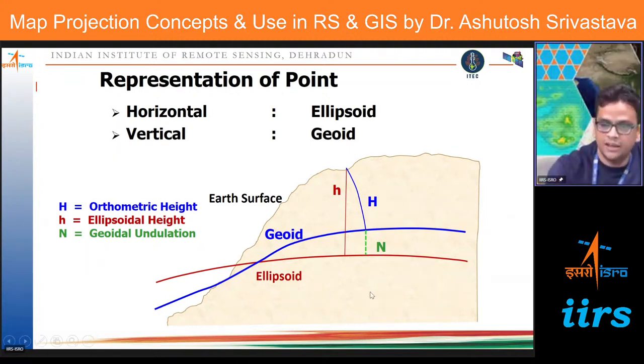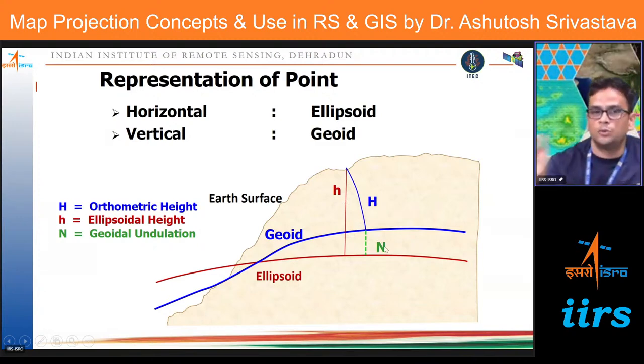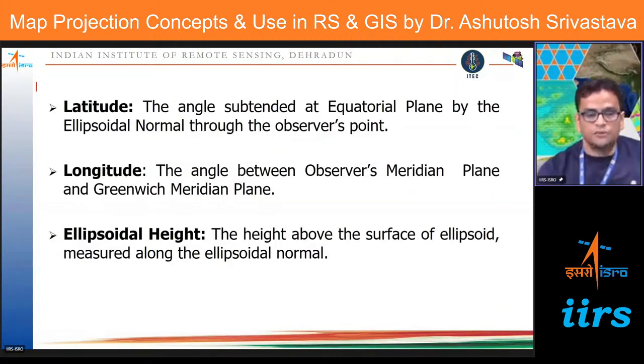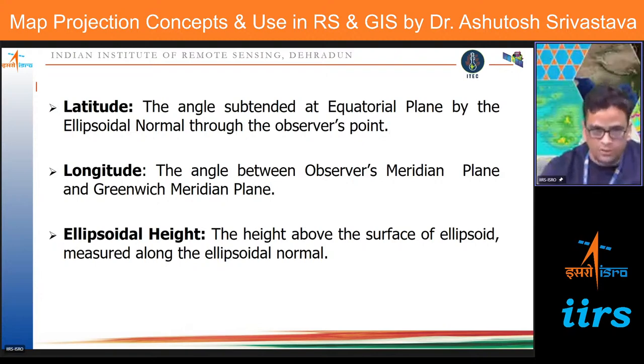You can see here, one height is small h, another height is capital S, and the difference between both heights is called the geoidal undulation. So latitude is the angle subtended at the equatorial plane by the ellipsoidal normal through the observer's point. Longitude is the angle between the observer's meridian plane and the Greenwich meridian plane. And ellipsoidal height is the height above the surface of the ellipsoid measured along the ellipsoidal normal.